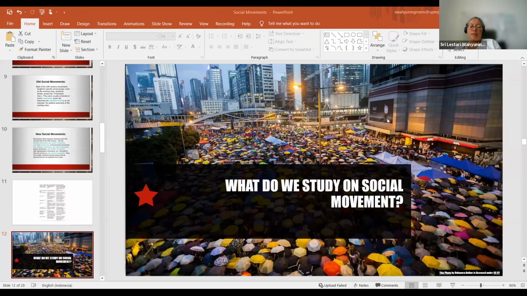Who in this class thinks that social movement is different from political movements? Anyone can respond to Amelia's question? Is political movement social movement? Is social movement political movement? Anyone?